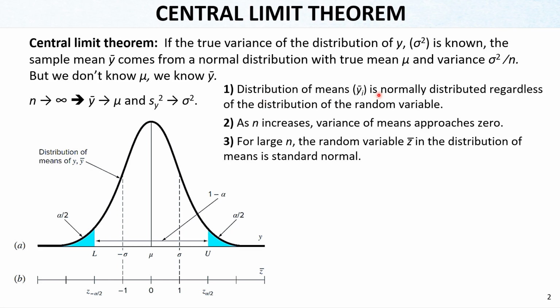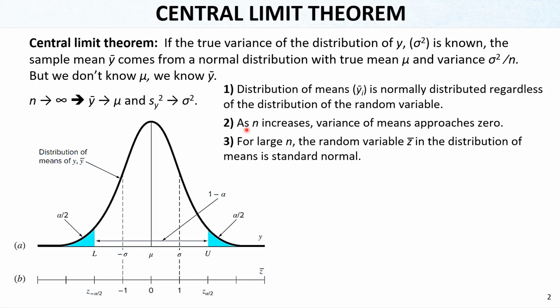So the distribution of means that we take from different sample groups is also normally distributed regardless of the distribution of the random variable. So even though the actual distribution is different from normal distribution, if we take the means from a certain group of limited samples and take the distribution of it, it will be normally distributed according to the central limit theorem.